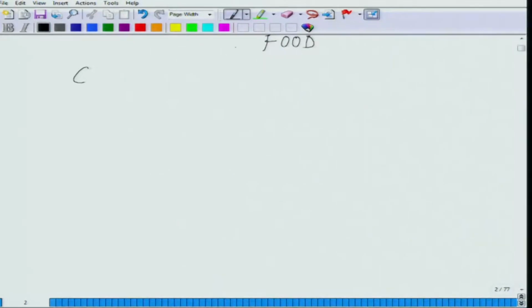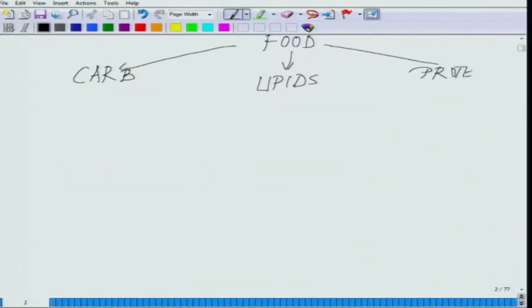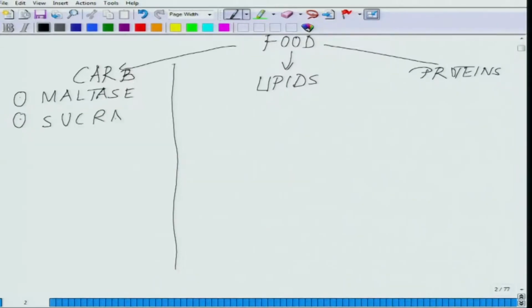try to divide food in terms of chemical origins. So, then it will be carbohydrates, lipids and proteins. If I classify the different enzymes which are involved, for the carbohydrates you have maltase taking care of maltose sugar, sucrase breaking down the sucrose sugar, lactase breaking the milk sugar or lactose.